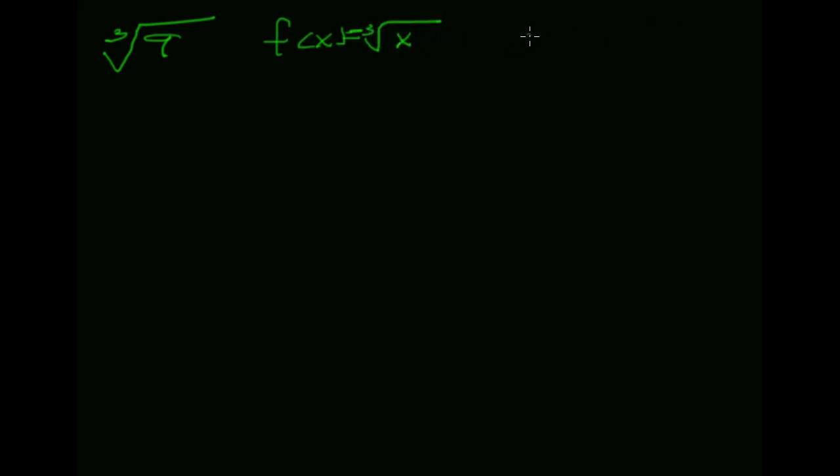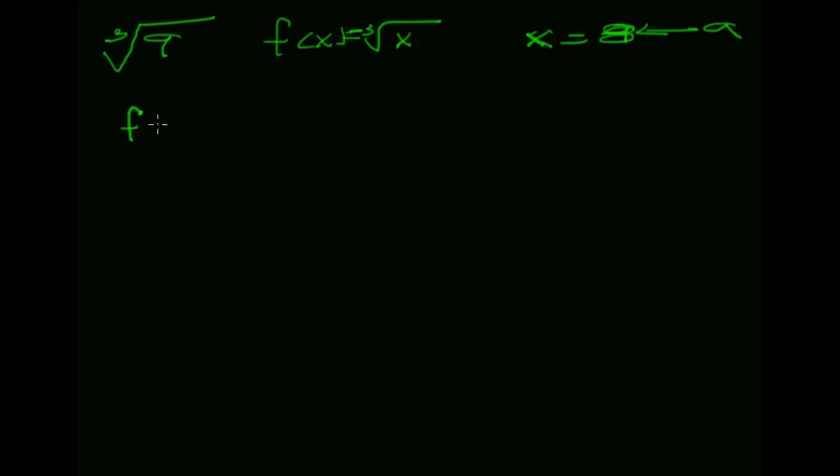We're going to build the Taylor series centered when x is 8. So remember, in our framework, this is the a. I'm going to do this with the second degree Taylor polynomial.